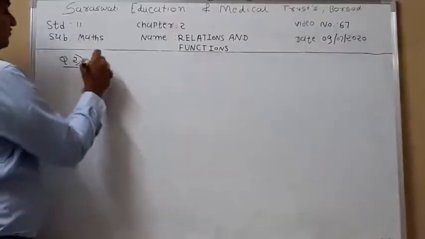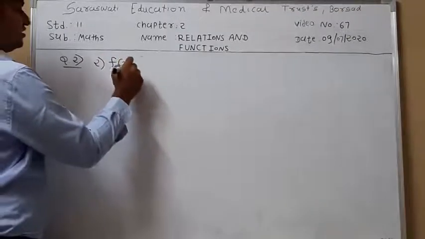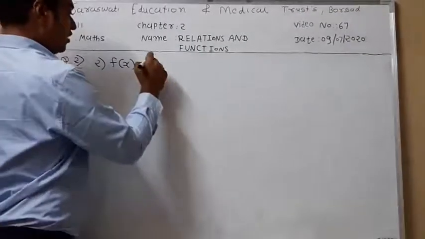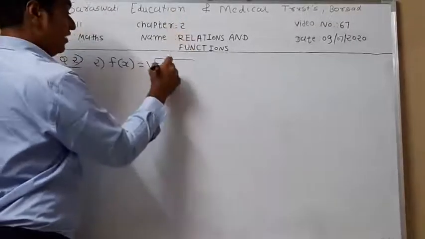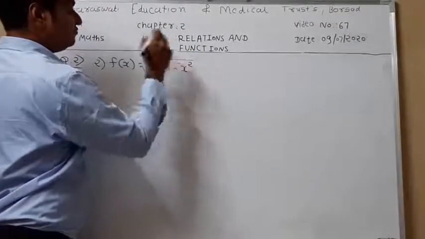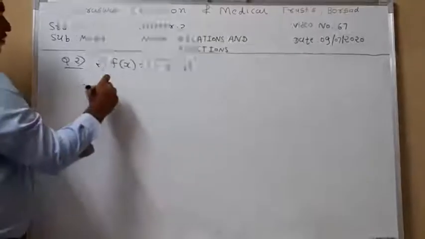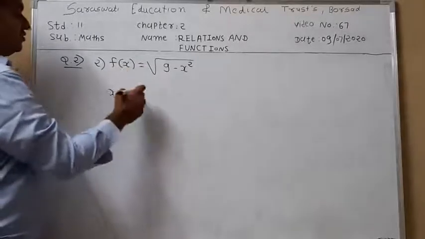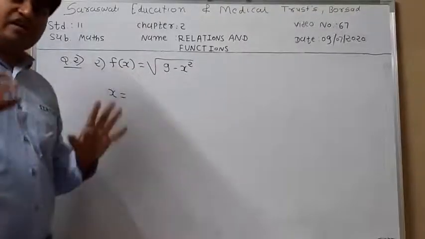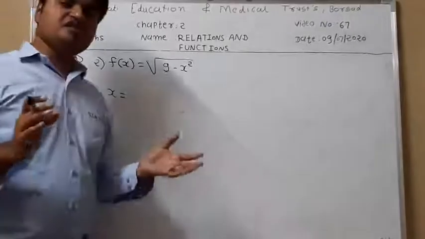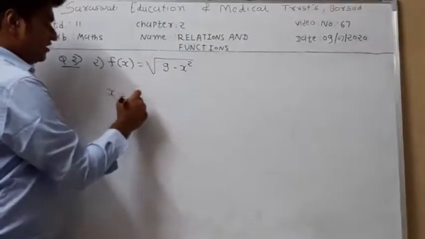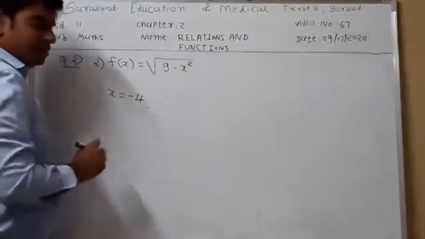Second one, f of x is equal to under root 9 minus x square. So first of all, here under root form is present. Now we apply the same method again. Here we can consider 3 negative numbers, 0, as well as 3 positive numbers. Suppose x is equal to minus 4.